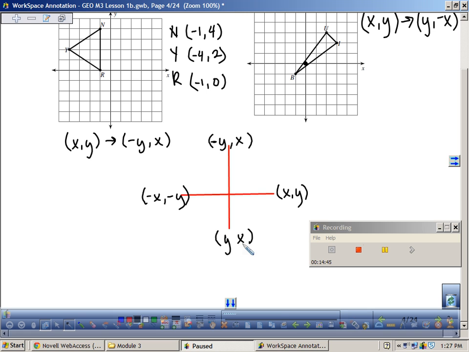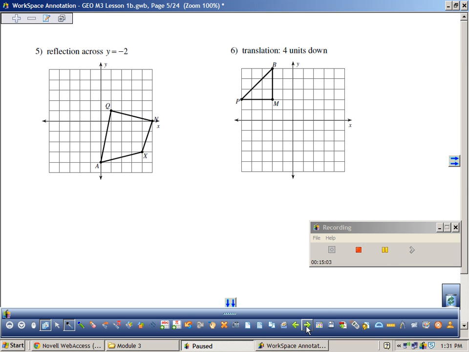The y and x switch, only this time the y isn't negative, the x becomes opposite. So do you see how I'm chunking those pieces of information so I don't have to memorize as much? Yeah? Better? All right, guys, we need to move on.